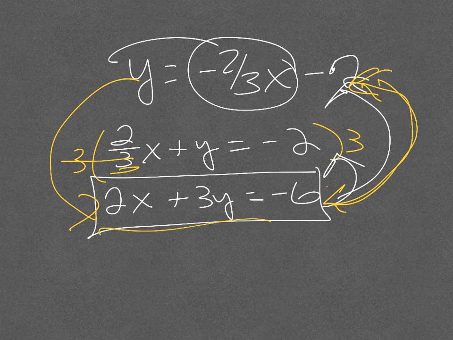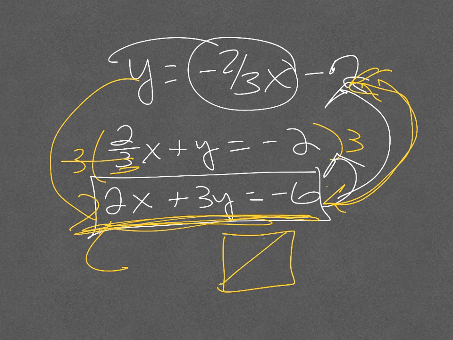This is a type that they give you as a formal problem on standardized tests. They might give you a picture of a graph of a line, and they'll say which one is it, and they have all your choices in standard form.